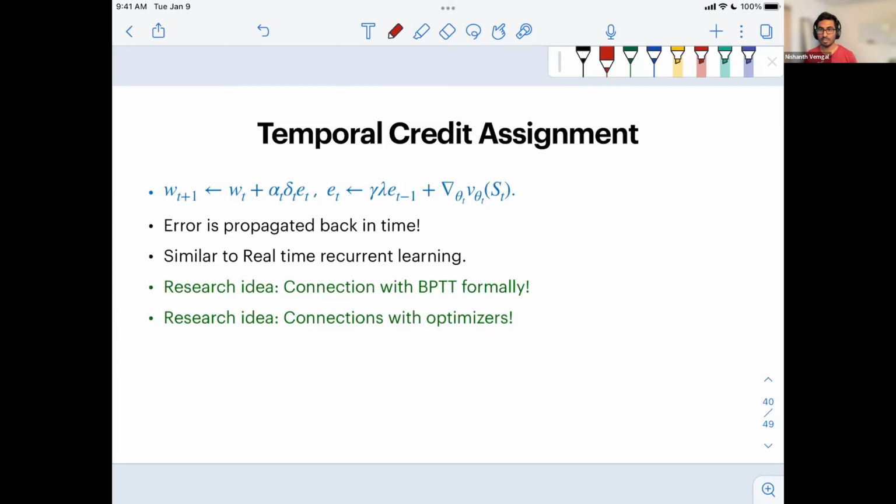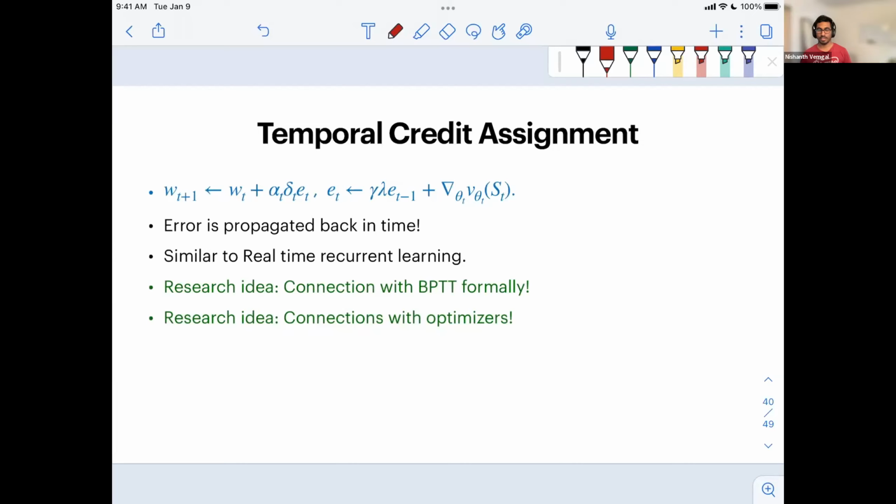Yeah, Gandharv? Yeah, so I just had a question about the first idea that you were speaking about, recurrent learning. The way I think about it, what we do in deep learning is you have your features, and you put them through a feed-forward layer, and then you get your value estimate.